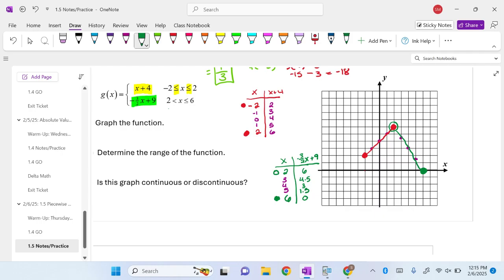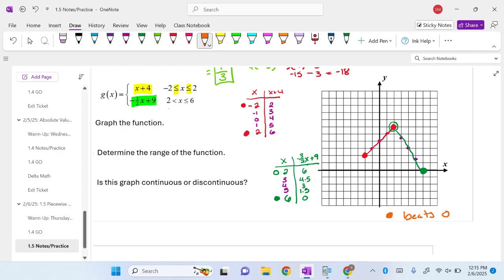Now, something to note. If your two equations overlap, but one of them has an open circle and one of them has a closed circle, it's almost like rock, paper, scissors, how rock beats scissors. Closed circle beats open circle.